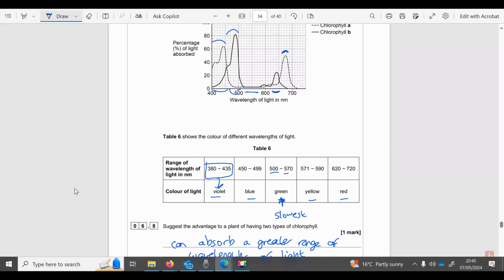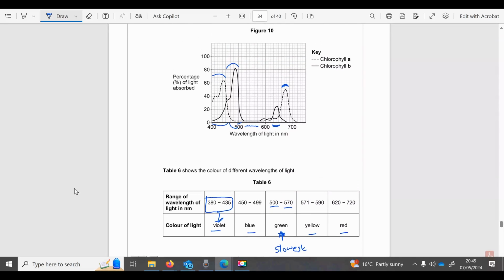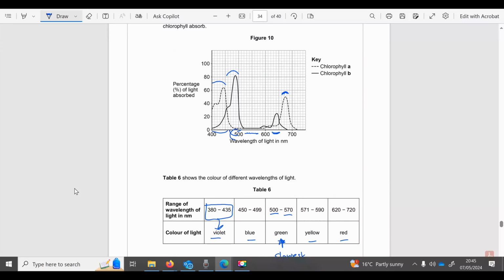There is a wavelength of light 500 to 570, so we're looking at 500 to just before it reaches 600. So what do we notice? The wavelength of light is between 500 to 570. The color of the light is green. The percentage of light absorbed is the worst.